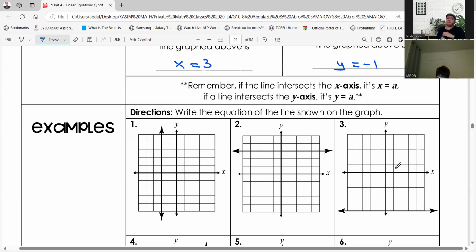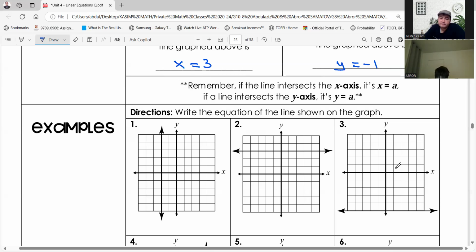If a line intersects the y-axis, it's y equals a. Remember, if the line intersects the x-axis, it is x equals a, the equation of that line. If a line intersects the y-axis, it is y equals a.